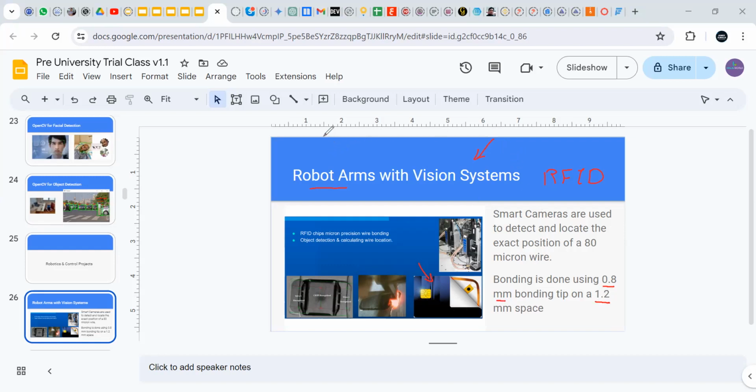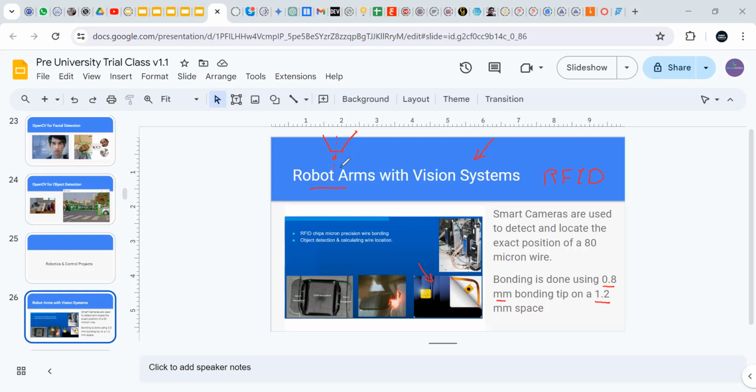When you study robotics, you need to understand some electrical and mechanical things. With a small wire like that and a bonding tip that is also not so big, 1.2 mm, that's quite small, you need to make sure that you hit the wire almost in the middle.